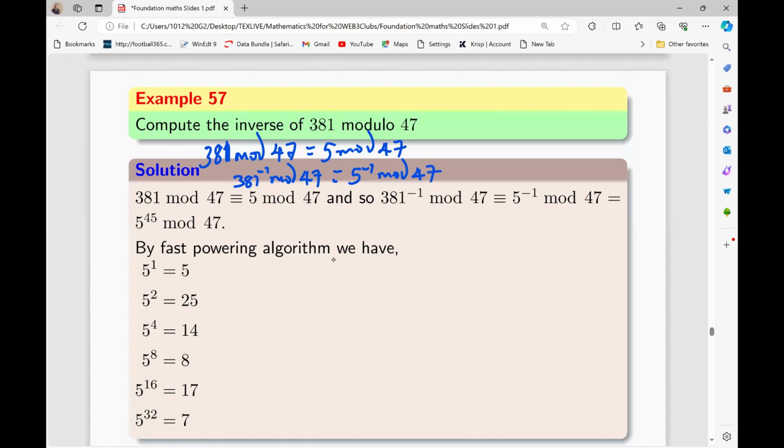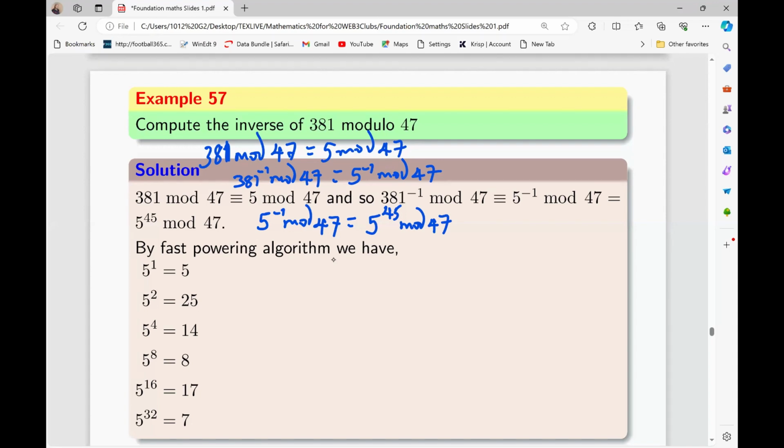But now, what does Fermat say? Today we're using Fermat's little theorem. What does it say about the inverse of 5 mod 47? It tells us that this inverse is in fact 5 raised to 45. Once you have this, the fast powering algorithm is a very fast way, as the name suggests, of finding this.